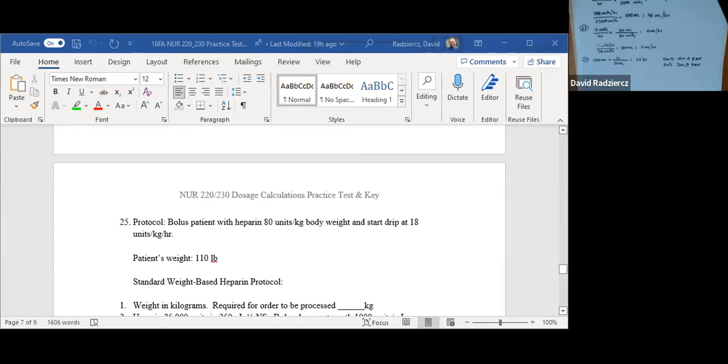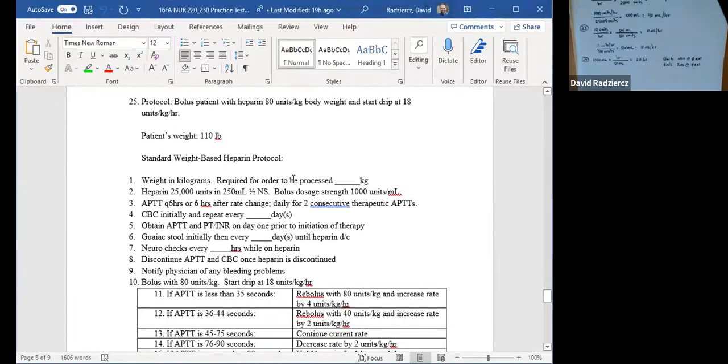Question 25 has some things associated with it that might make you wonder, what am I supposed to get from this? So first of all, I'm just going to highlight the important areas for this question. You always start off with this, which gives you the protocol. You need to know the patient's weight. You're going to convert the patient's weight in pounds to kilograms at some point.